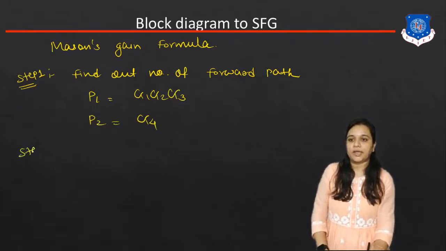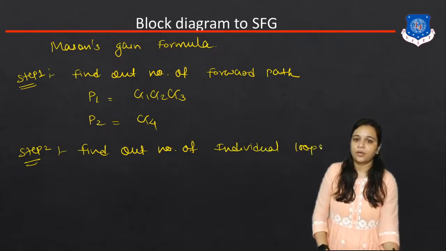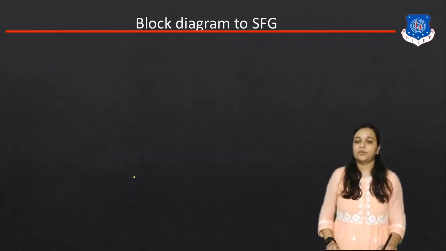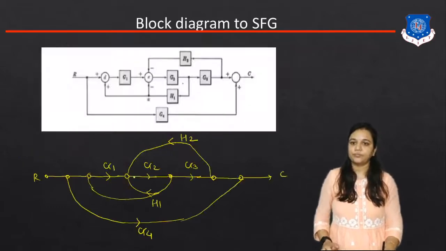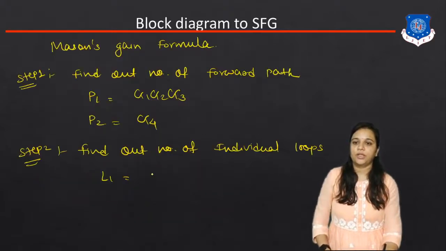Okay, now in step number 2, find out the number of individual loops. So L1 is equal to, the first loop is G2 into H1.